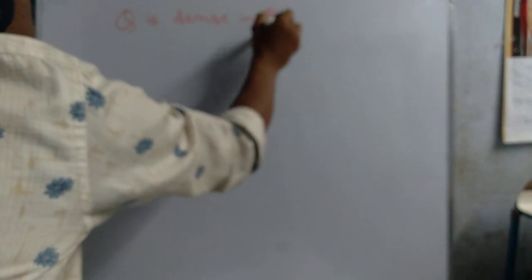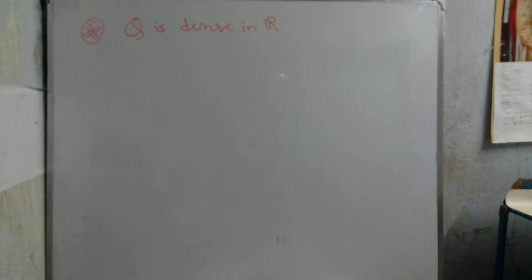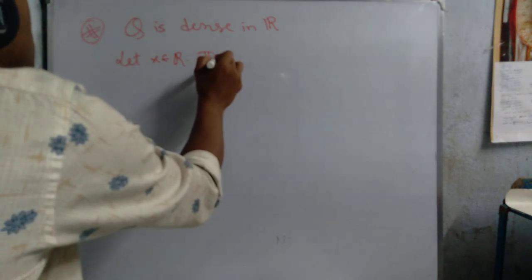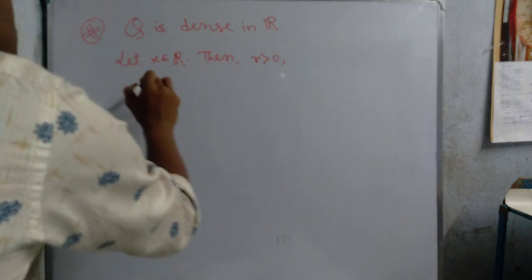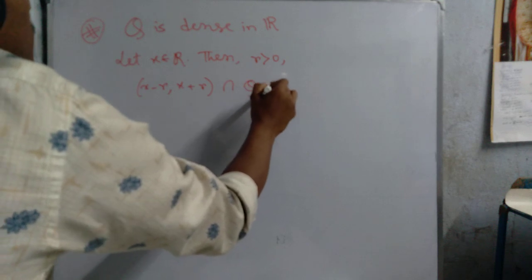We know that Q is dense in R. We establish this first. Take x belonging to R. Then for r greater than 0, (x minus r, x plus r) intersection Q is not equal to phi.